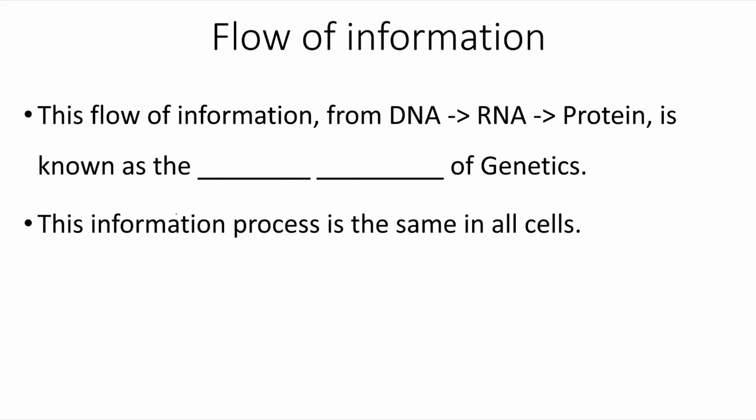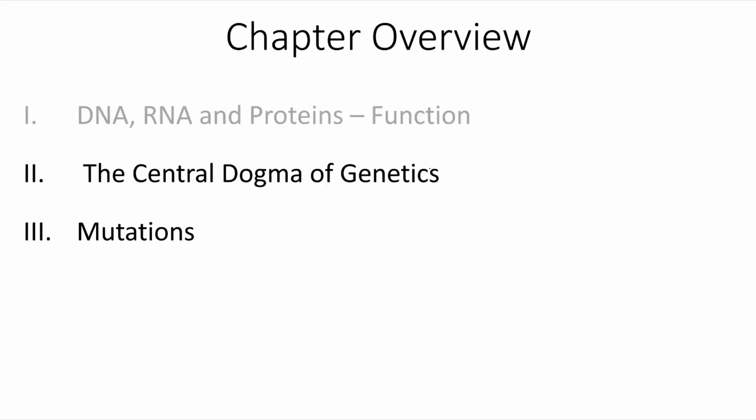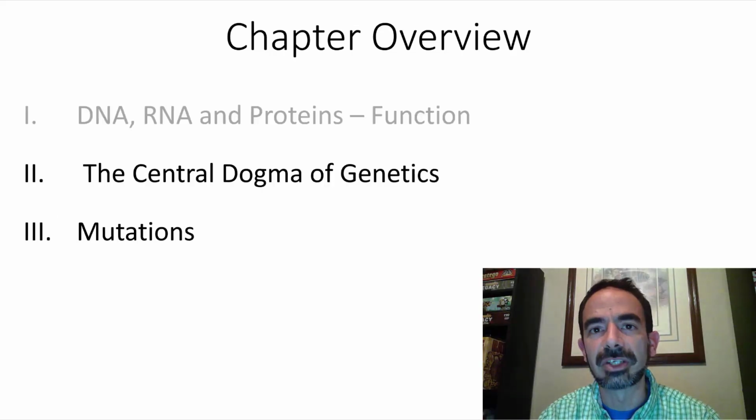And so this flow of information from DNA to RNA to protein is known as the central dogma of genetics. And this flow of information, the information process, is the same in all cells. So how do cells get the information to flow from DNA to RNA to protein? That's what we'll be addressing in our next video.